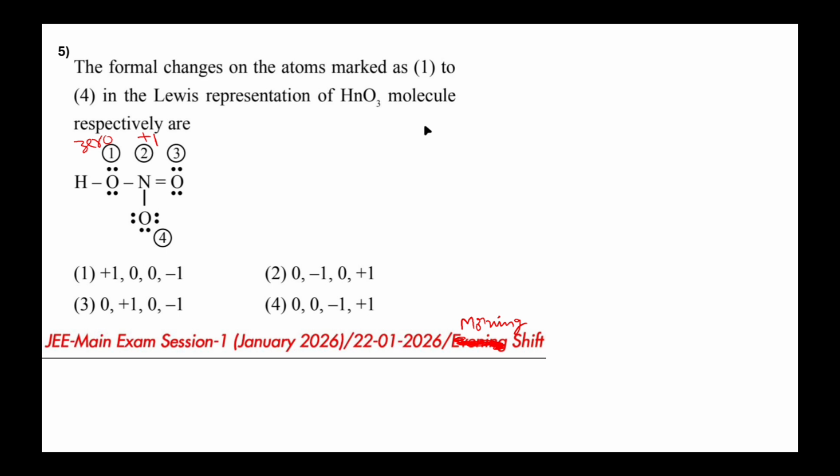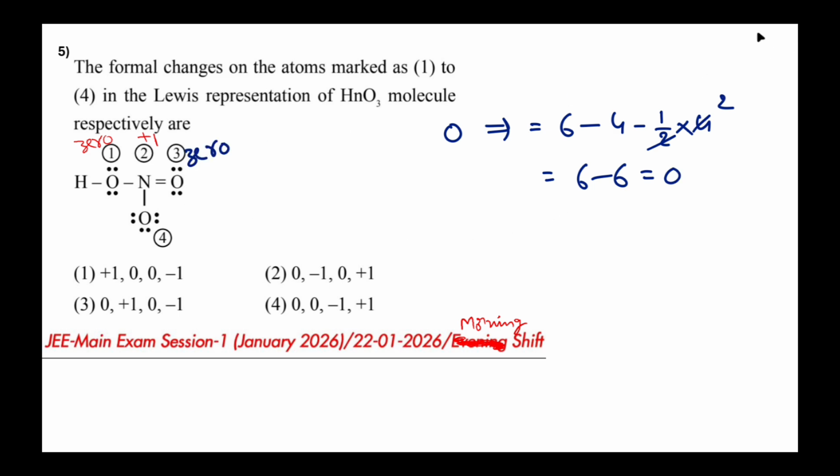Then the third atom is oxygen again. Here the oxygen valence electrons are 6, minus non-bonding electrons 4, minus 1/2 into bonding electrons 4. So 6 minus 6 is equal to 0. So the third atom is also 0. The fourth atom is again an oxygen atom.